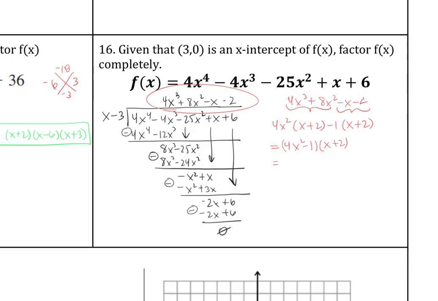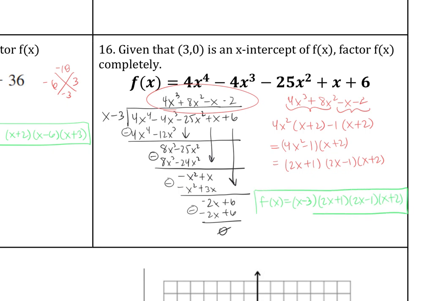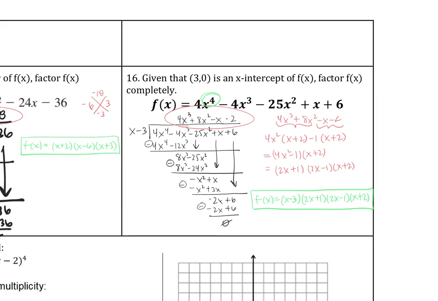And this is a perfect difference of squares right here, 2x plus 1, 2x minus 1, and x plus 2. But don't forget, when you're writing factored form, you want to write all of the factors. So don't forget that x minus 3 times 2x plus 1, 2x minus 1, and x plus 2. Degree 4 polynomial means we're looking for 4 factors.